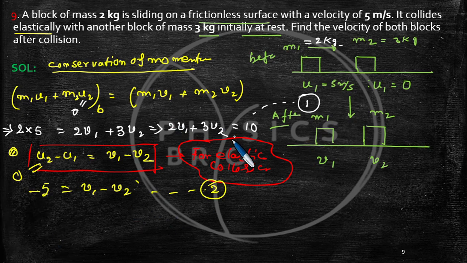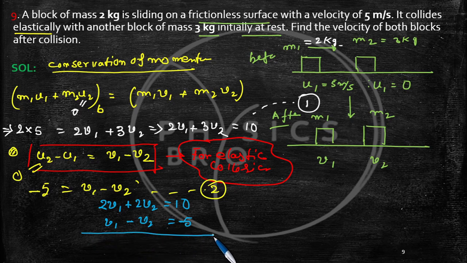So we write 2v1 plus 3v2 equals 10, and v1 minus v2 equals minus 5.